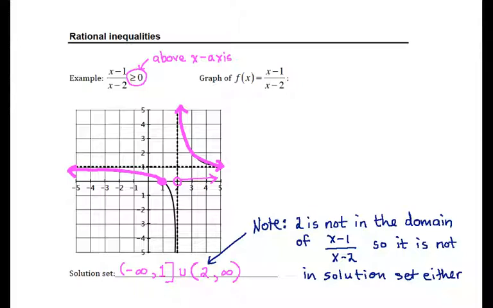Now that's not to say that it can't show up as a number in the solution set. It's still a boundary value, but the value x equals 2 is not included in this solution set because we don't have a square bracket there at x equals 2.